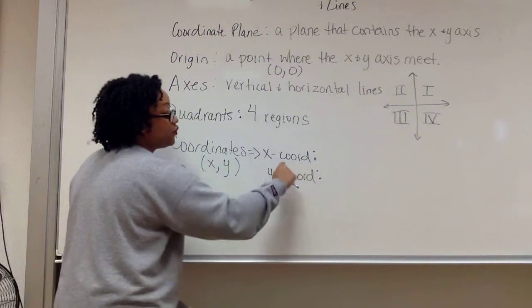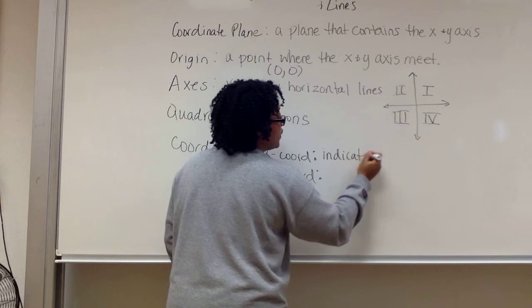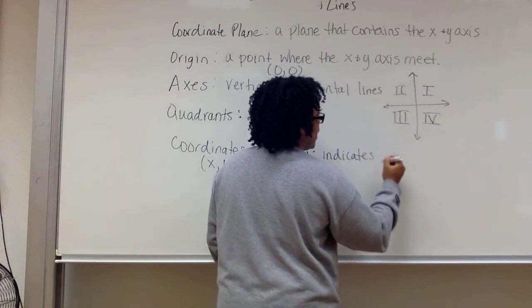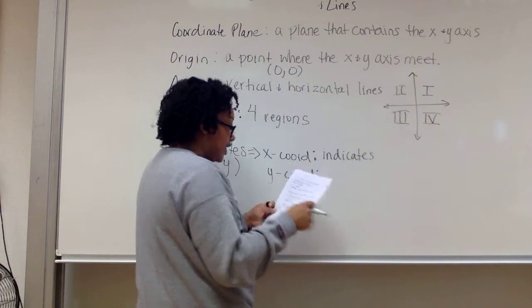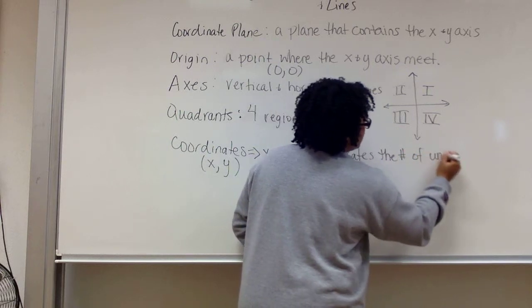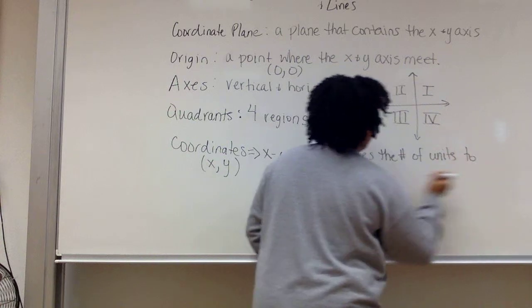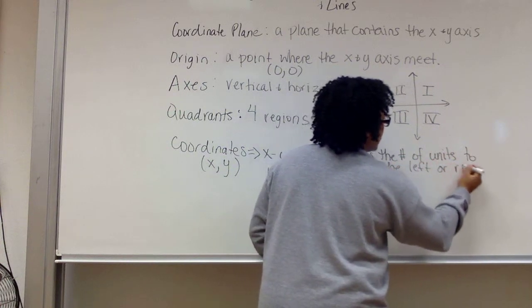So if we take this word X coordinate, it indicates the number of units you're moving a point to the left or right.